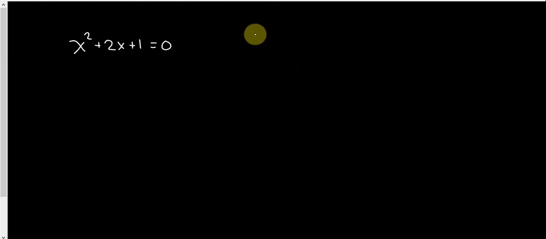All I need to do is look at the discriminant. So I say, okay, b squared, that would be 2 squared, minus 4 times a, so no a shown here, so it's 1, times c, which is 1. Okay, what's that going to be? 2 squared is 4, minus 4 times 1 is 4. 4 minus 4 is 0. So how many solutions am I going to get here? I'm going to get one real solution.